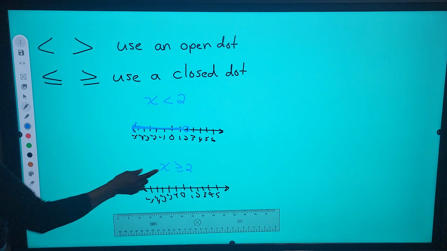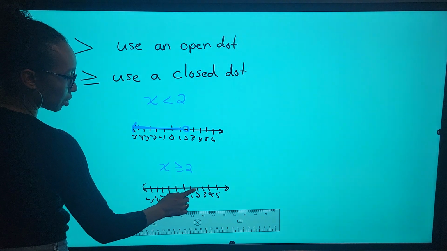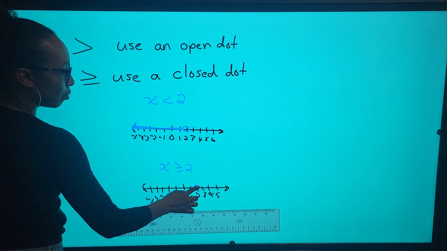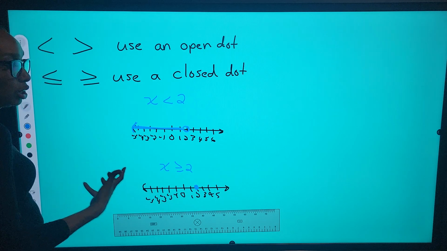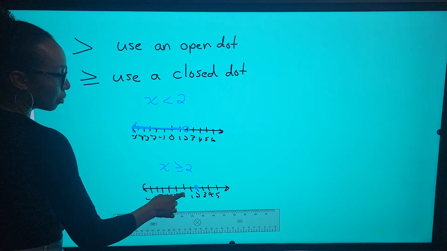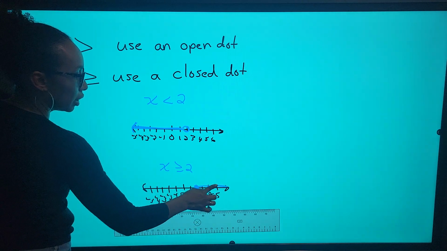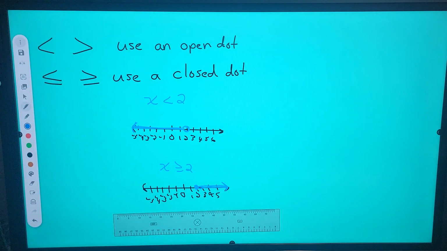Again, our value is 2, so we'll find this positive 2 on the number line, but this time we're going to fill in the dot because we have the equal to under it, because it actually could be the number 2. It could be 2 or any number larger than 2. So we're going to shade this side where the values get larger on the number line.